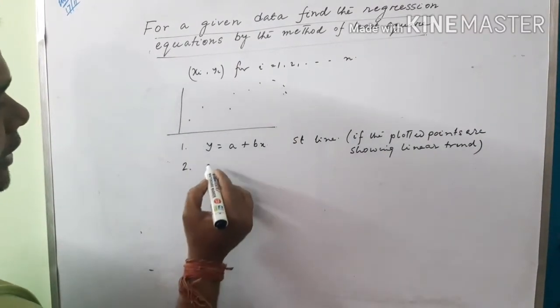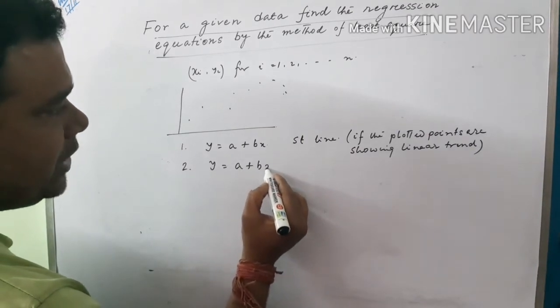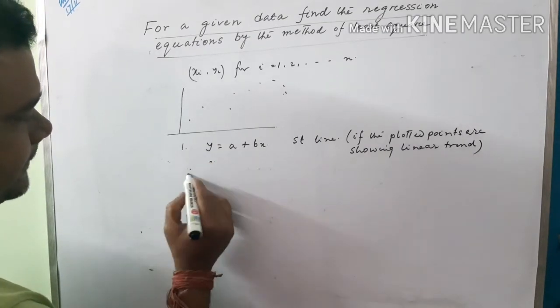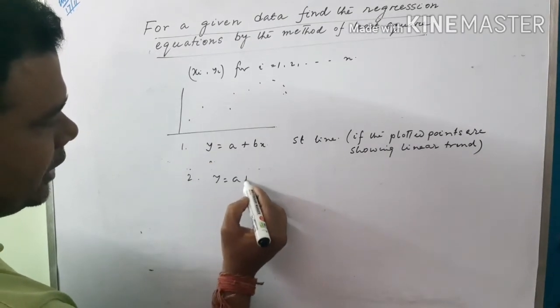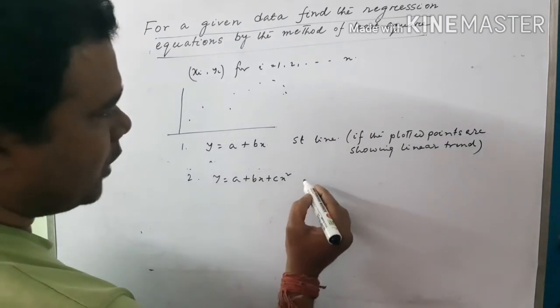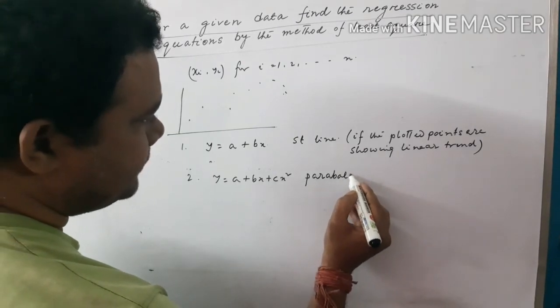Another equation we can use is y equals a plus bx plus cx square. So it's a quadratic and the geometrical figure is a parabola.